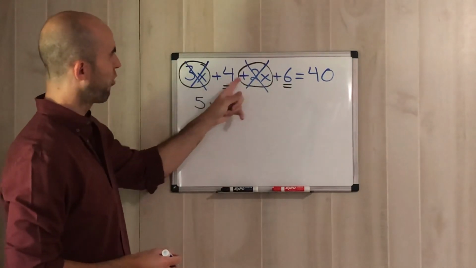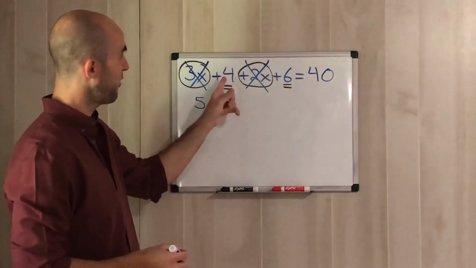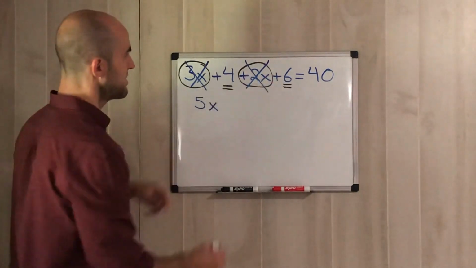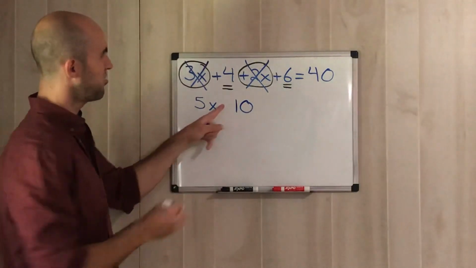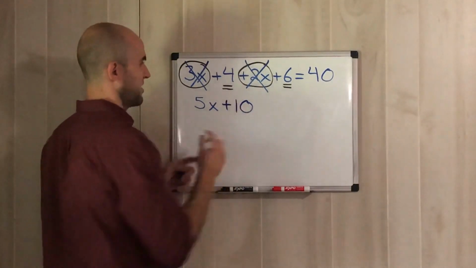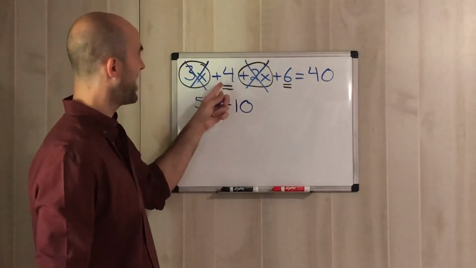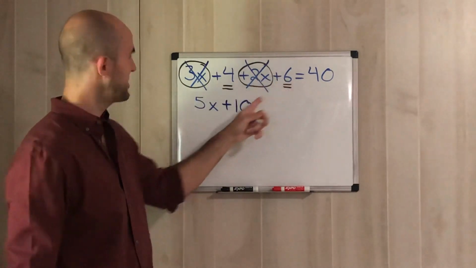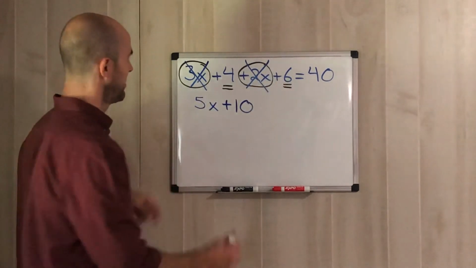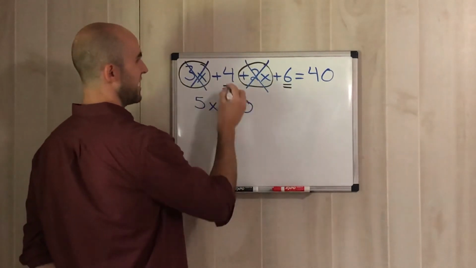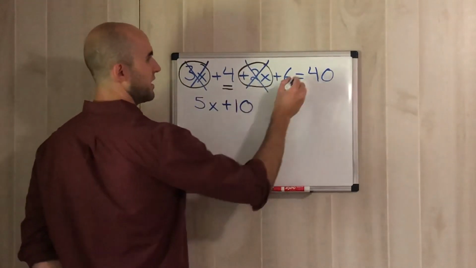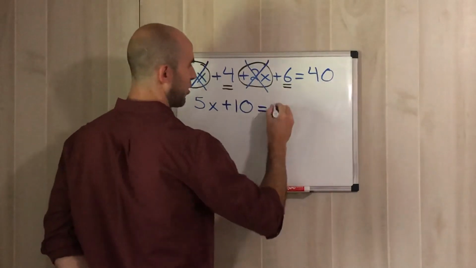We know that 4 plus 6, and notice how they're both positive. 4 plus 6 gives us 10, right? And now the sign that goes here, we know it's a plus sign. And the reason it's a plus sign is, again, we had a positive 4 plus another 6 gives us a positive 10, right? So the 5x was 3x plus 2x. The 10 came from 4 plus 6 equals 10.